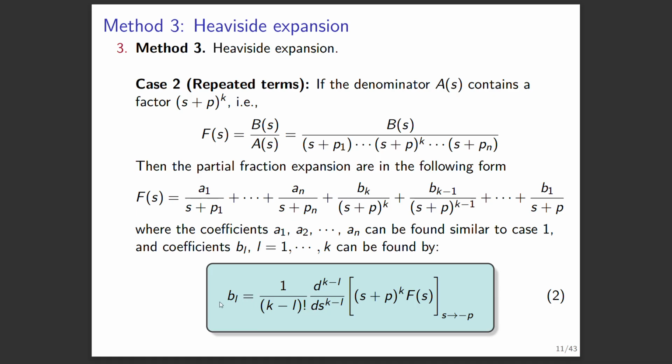So if I want to find b l, let's say l is 3, I find 1 divided by k minus 3 factorial, and then take the k minus third derivative of s plus p to the k times f of s.